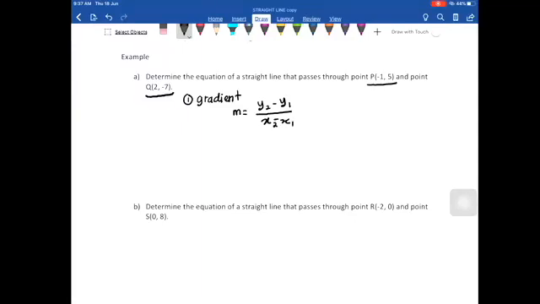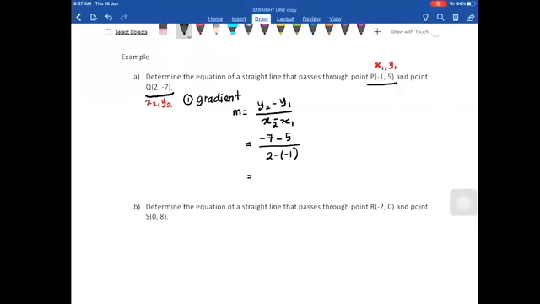Okay. So now please label which one is your X1 and Y1, which one is your X2, Y2. So saya akan label this is my X1, Y1. Q will be my X2, Y2. Okay, and then I substitute into, so becomes negative 7 minus 5 over 2 minus negative 1.